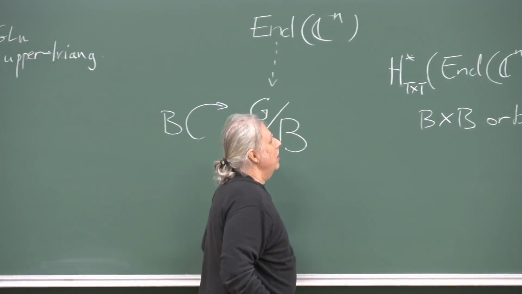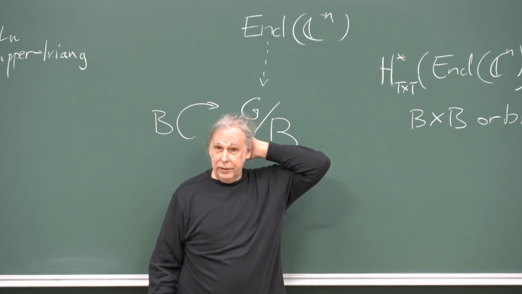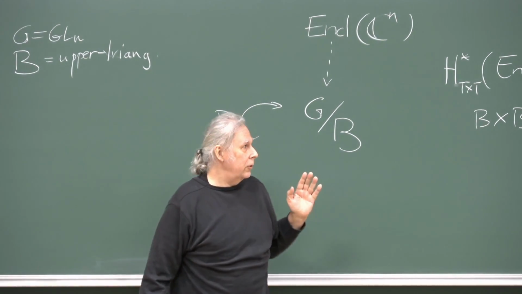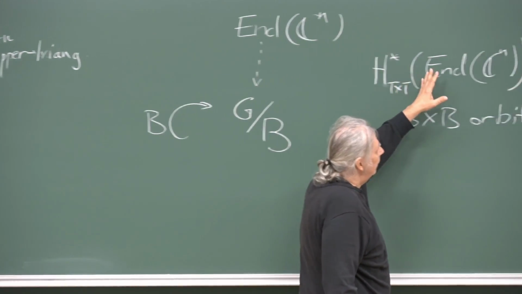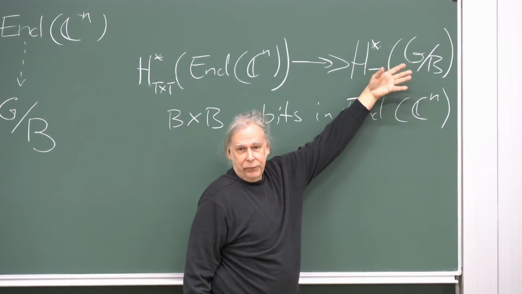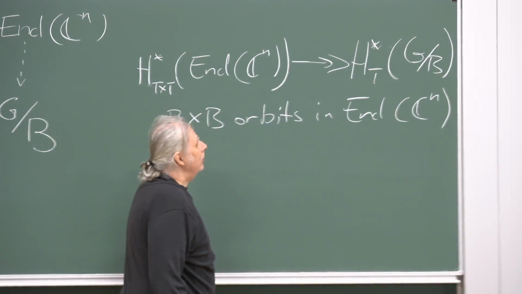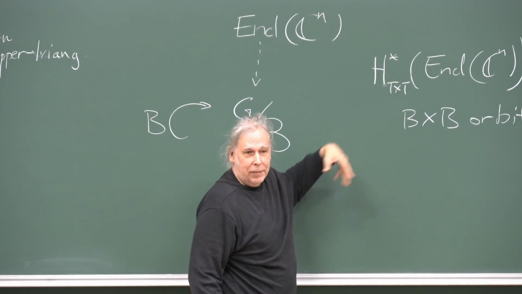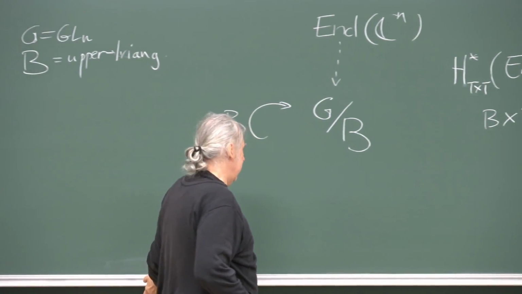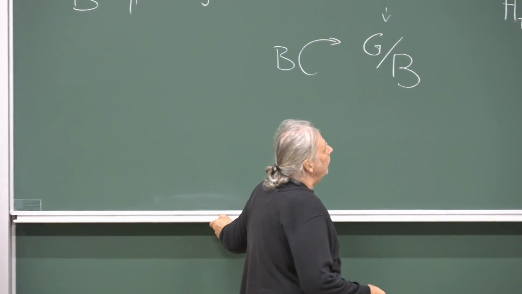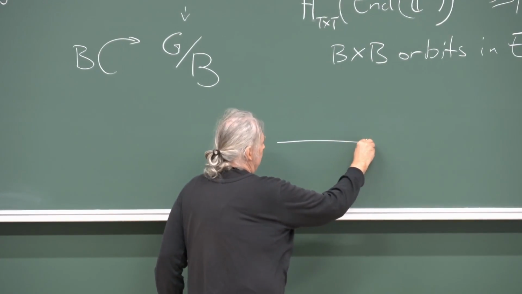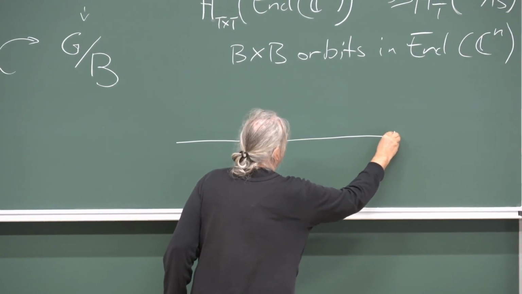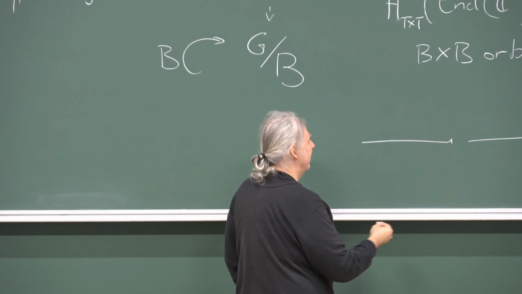You have orbits which represent the non-degenerate matrices. They go down here, and Schubert calculus is based on that. But you also have degenerate matrices, which lie on the boundary. And everything is parameterized by combinatorics. Here, this is not really algebraic geometry, it's combinatorics.